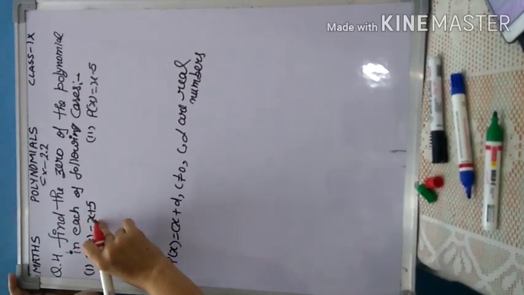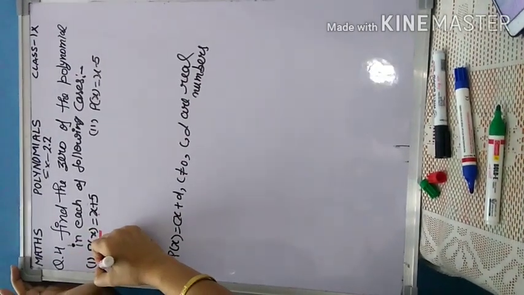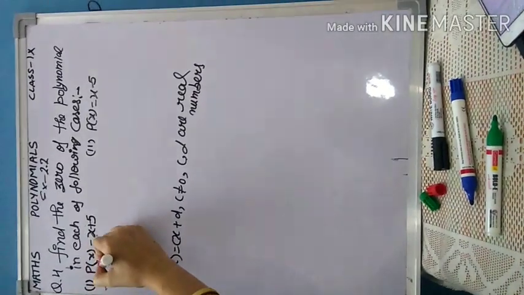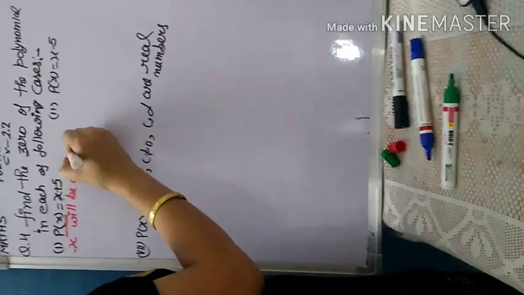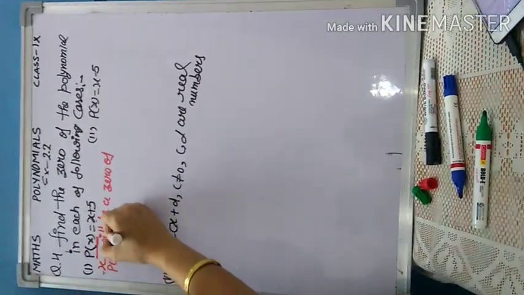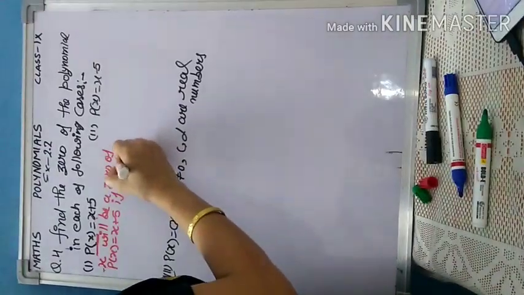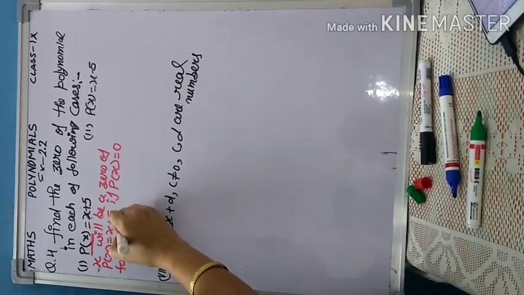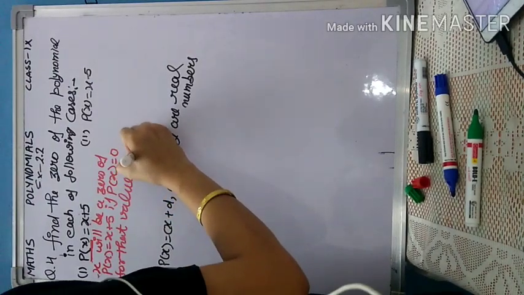We have to find that value of x where this p(x) becomes 0. So we will be solving it. x will be a 0 of p(x) = x + 5 if p(x) = 0 for that value of x.